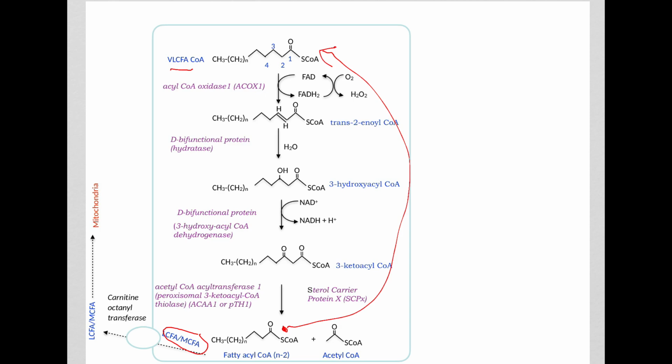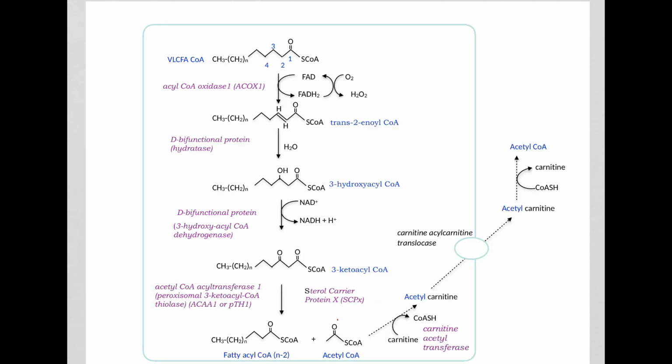And once we get into the long or medium chain range of fatty acid, that fatty acid is transported out by carnitine octanoyl transferase. So for the transport of the fatty acid out of the peroxisome, carnitine is required. Eventually this long or medium chain fatty acid will enter the mitochondria and be completely broken down by beta-oxidation into acetyl-CoA.